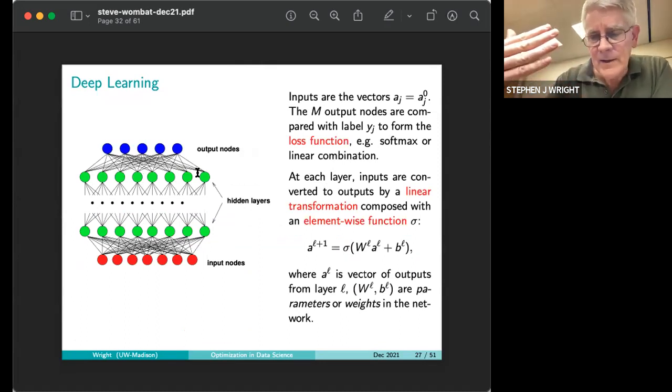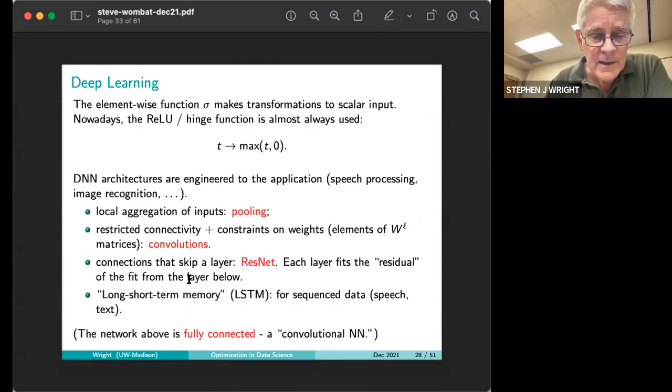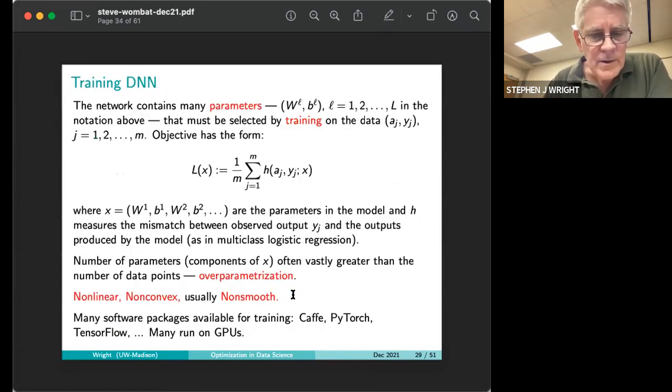So layer L has inputs from layer L-1 and L-2. That turns out to be advantageous, and it's also easy to analyze in some sense. That's called a ResNet. And then there's LSTM, which is useful when you've got sequence data. But the thing that I showed you is good enough to talk about.